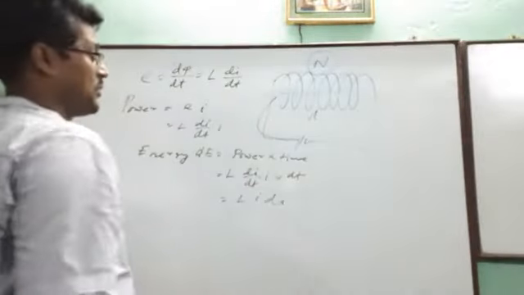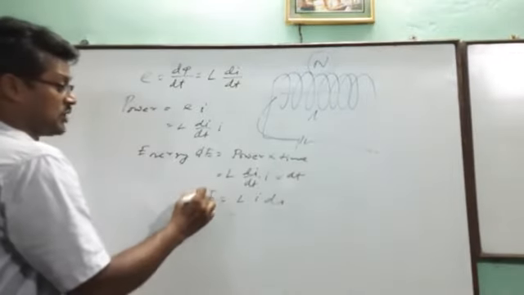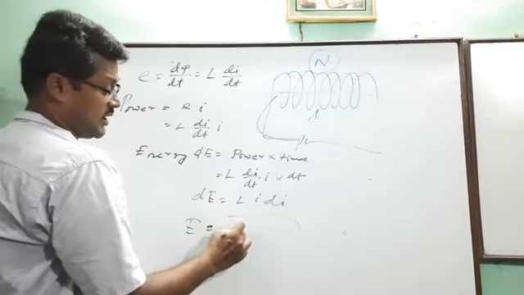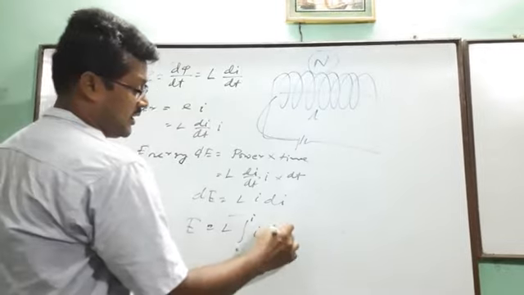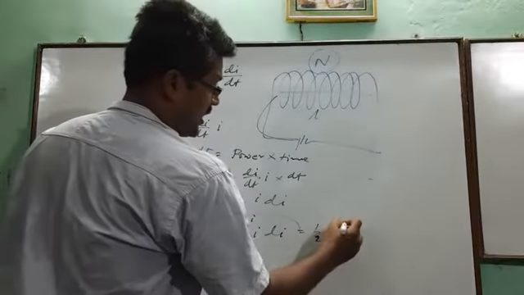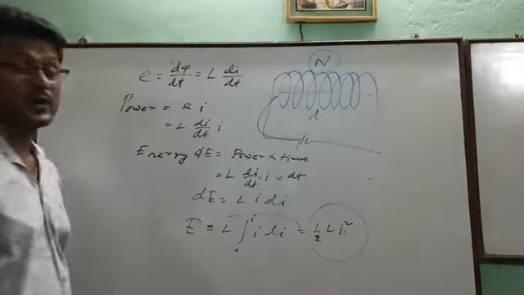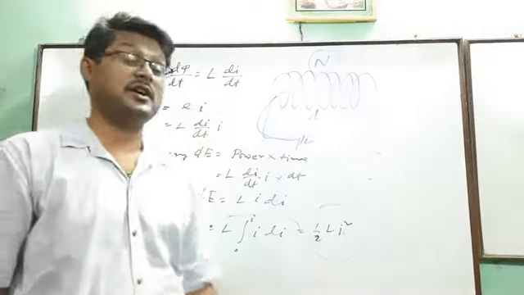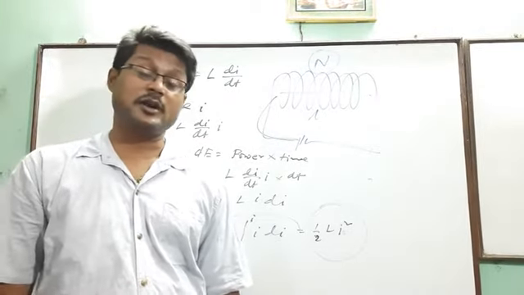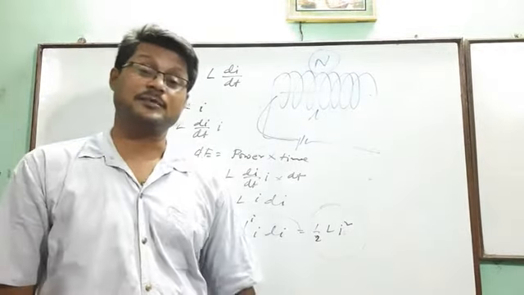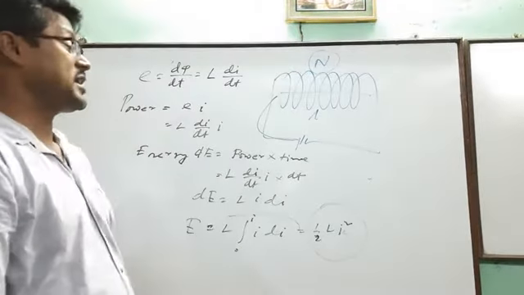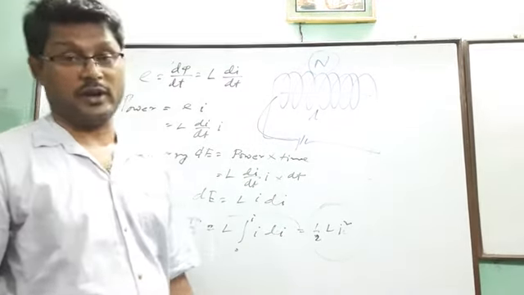This is the energy in time dt. So what is the total energy? That is the integral of L I di from 0 to I, that is half L I square. Just like half m v square, where m is the measure of inertia, here electric inertia is L. So this is the expression for the energy stored in the coil.